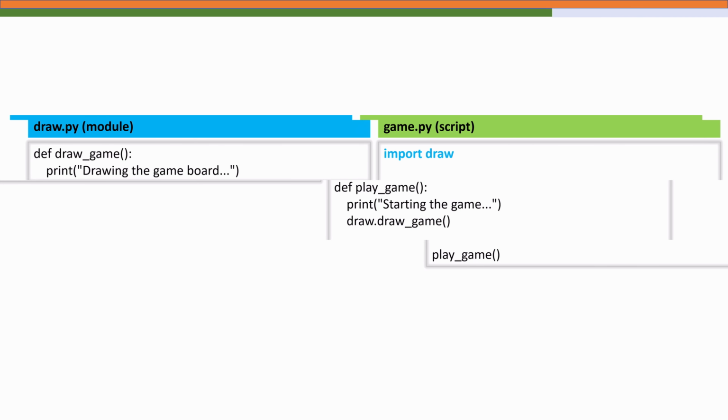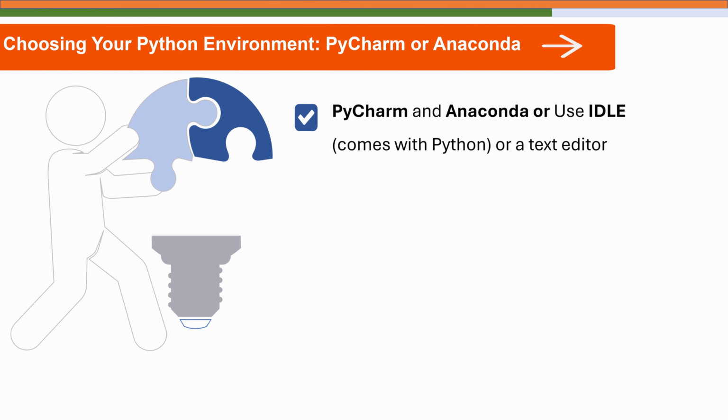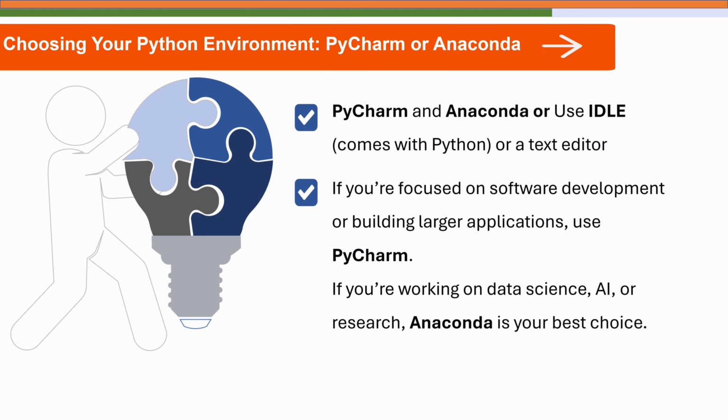Now that Python is installed and ready to use, let's talk about where you will actually write your code. You can always use a built-in IDE that comes with Python or even a simple text editor like Notepad. But for serious development, a dedicated environment is much more efficient. So two popular options are PyCharm and Anaconda. So PyCharm, developed by JetBrains, is a powerful IDE built specifically for Python.